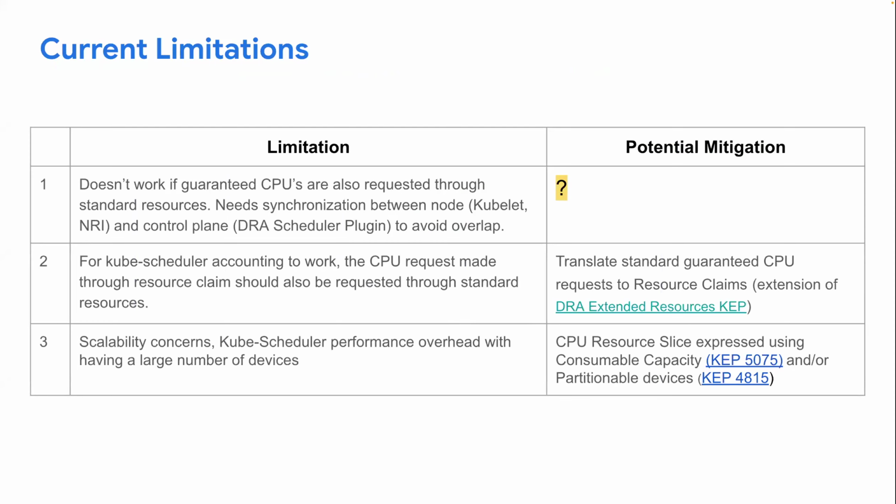We need some form of communication between the node, whether kubelet or NRI or whatever is allocating CPUs, and the control plane, the scheduler plugin responsible for allocating CPUs from the DRA side. Currently we lack that.